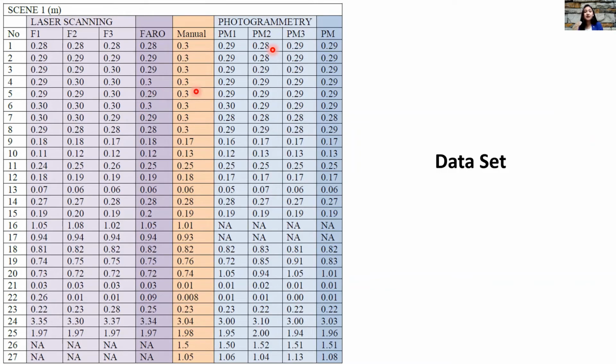After that, I intercompared each of the processes. Some of the objects did not give me a measurement because maybe the object was not captured or it was not very clear with the borders. So 2 of them did not match with the laser scanning, and similarly 2 were not there in photogrammetry as well. That's why 27 objects are over here, but overall we took 25.